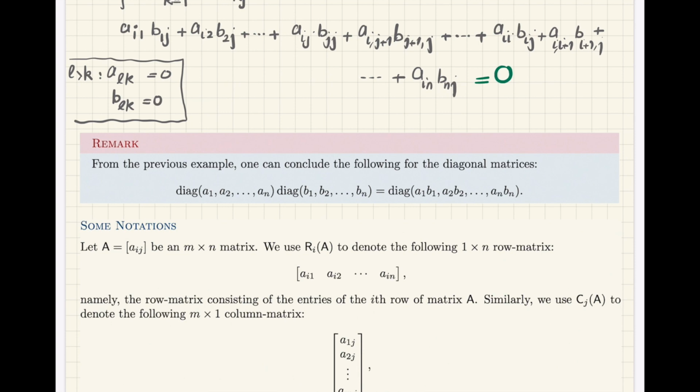So one thing is that if I have two diagonal matrices, if you want to multiply them, it is extremely simple. Just multiply the corresponding entries. So why is that? Because a diagonal matrix is both upper triangular and lower triangular, so the product should remain both upper triangular and lower triangular.